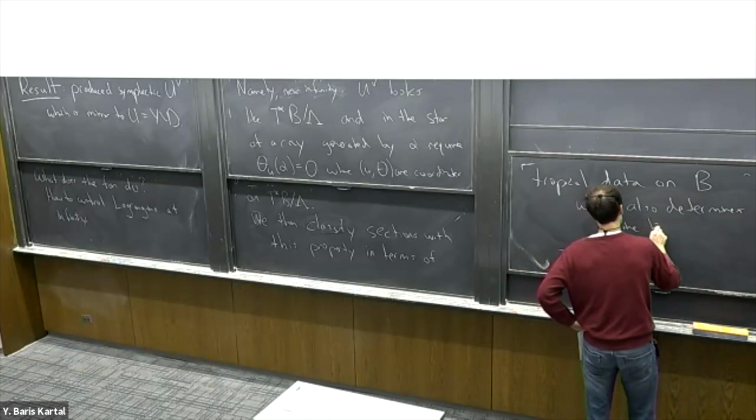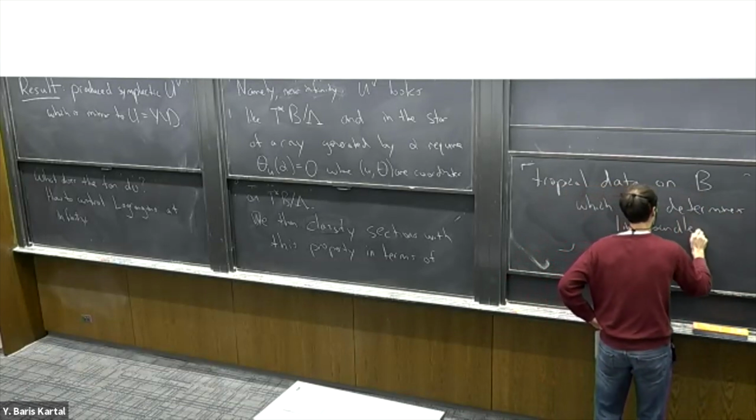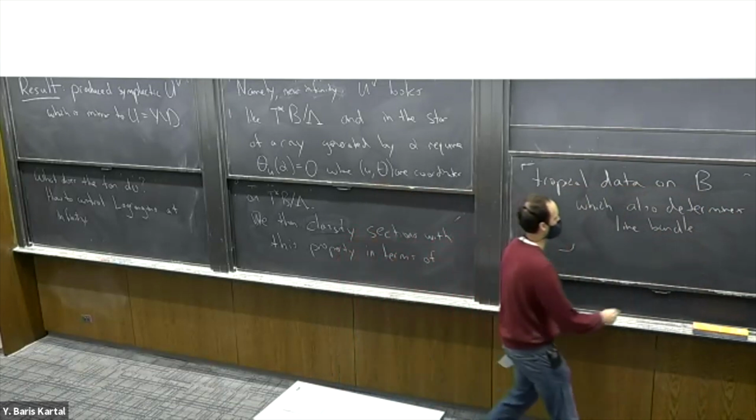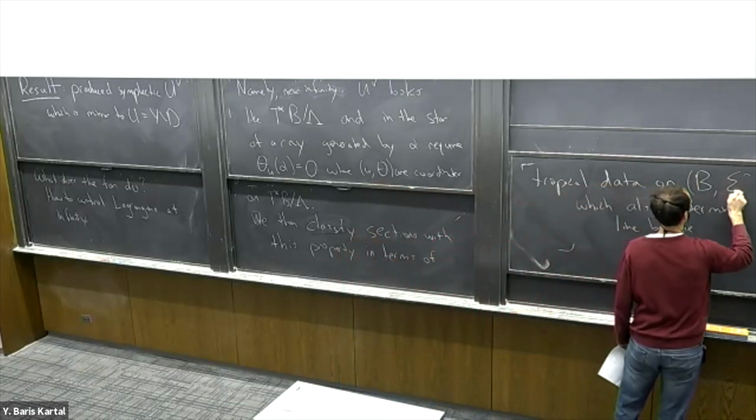So in the toric case, this is just a piecewise linear function with respect to the fan. So I guess I should say on the pair B with this fan.